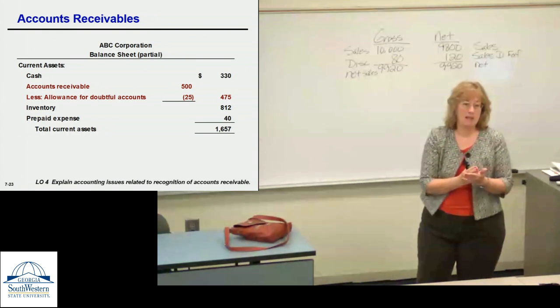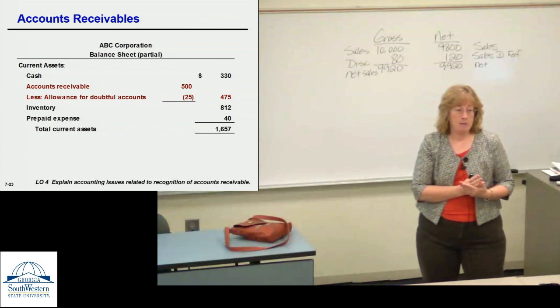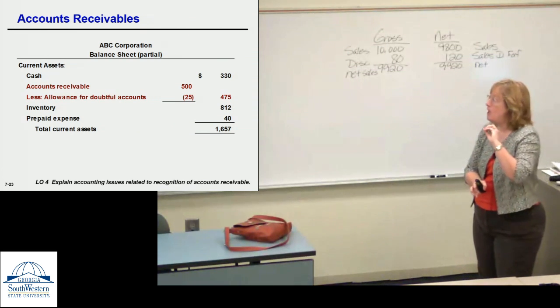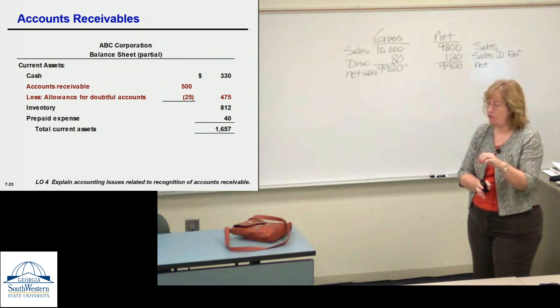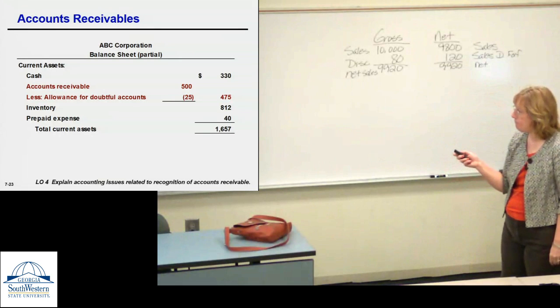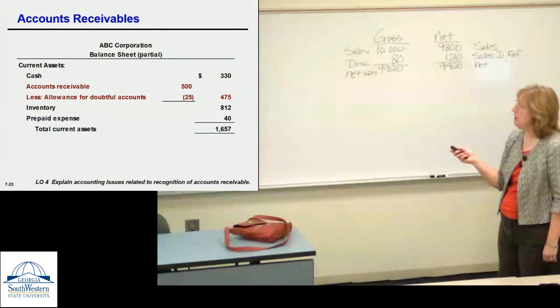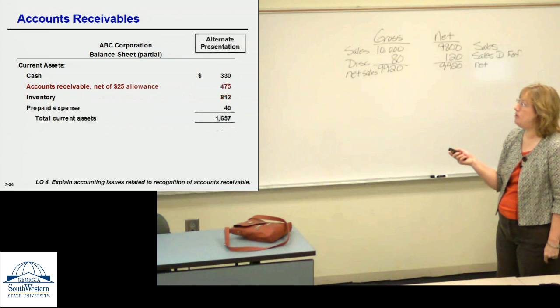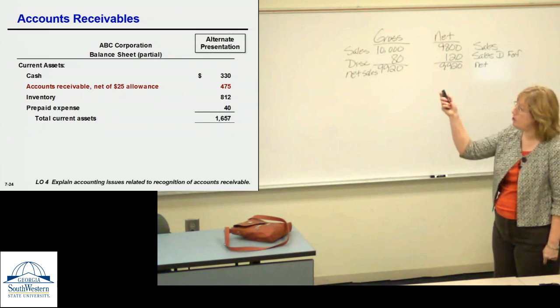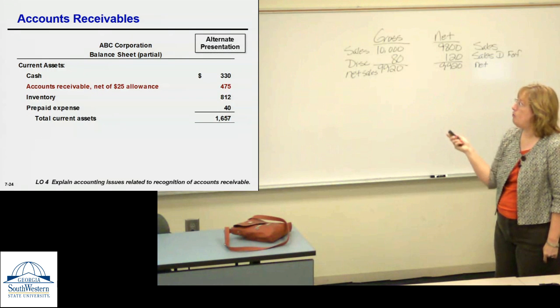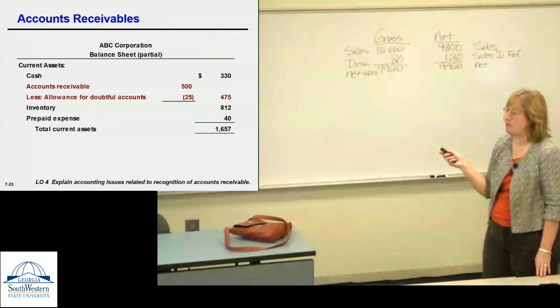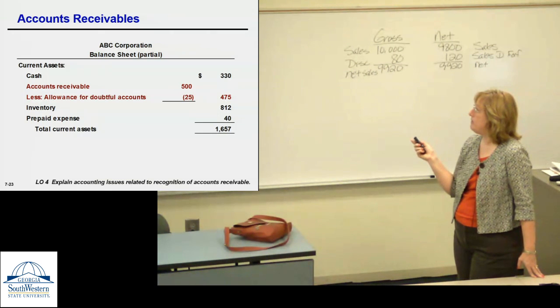We want to put it in this period. So we somehow come up with an estimate of who's not going to pay and put it in the current period if we can. Okay, so this is just showing that you could either subtract the allowance and have it shown separate, or you could just show accounts receivable net of the allowance, okay?